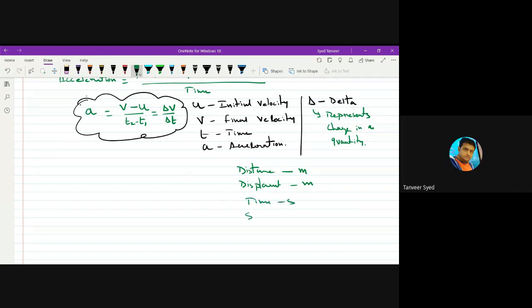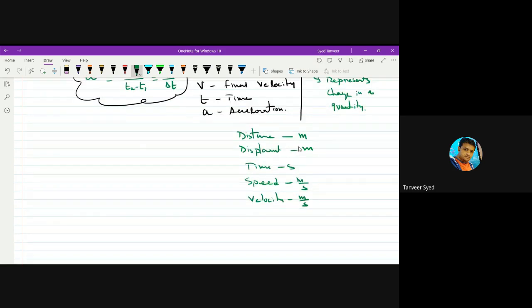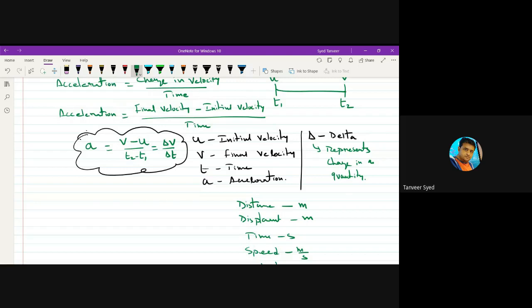Second. What is the unit of measuring speed? Meter per second. What is the unit for measuring velocity? Meter per second. Like this, what is the unit of measuring acceleration? The meter per second square.